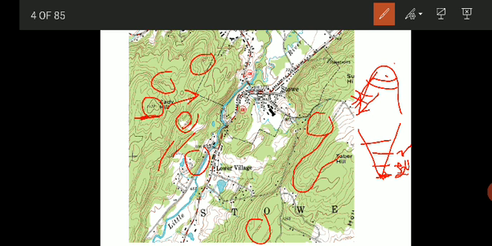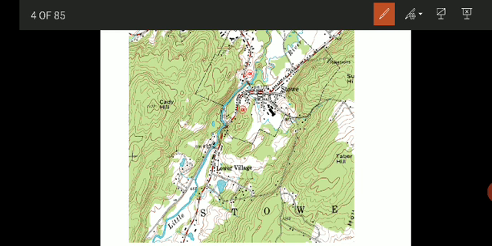Then at some places, like here, the contours are very near to each other, very close. That shows the slope is very steep.